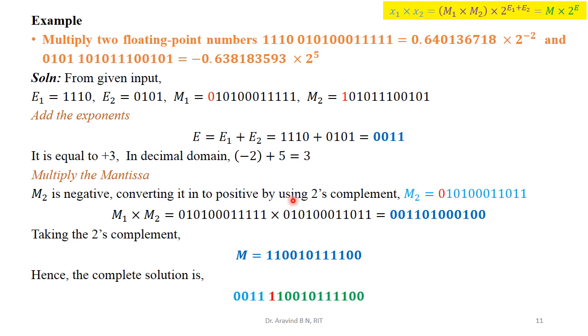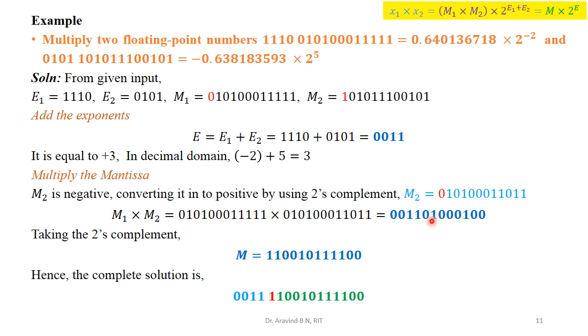Before multiplying, we are going to convert the negative mantissa m2 to positive, perform the multiplication, and then apply the 2's complement again to convert it into the negative value. Therefore, applying 2's complement to m2, we have got this one. Then we multiply m1 into m2 and we have got this as the result.